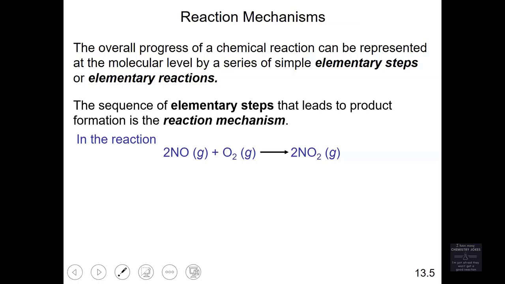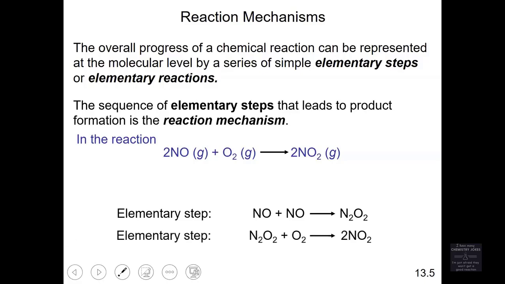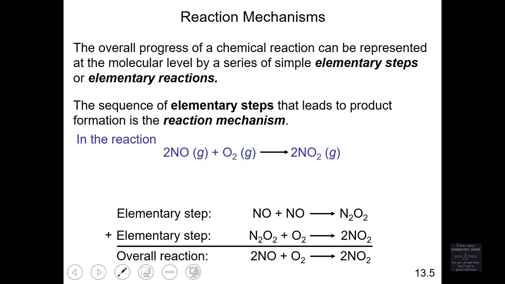No. This reaction is broken down into a series of elementary steps. There's one where two NO molecules get together to make N2O2. And here's another elementary step where that N2O2 then combines with O2 to give you your product, 2NO2. If I sum that together, I get my overall reaction.